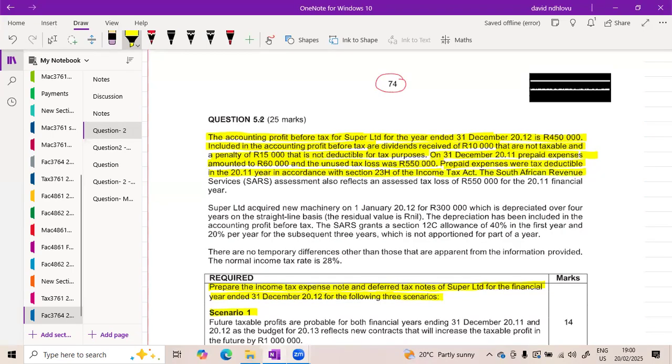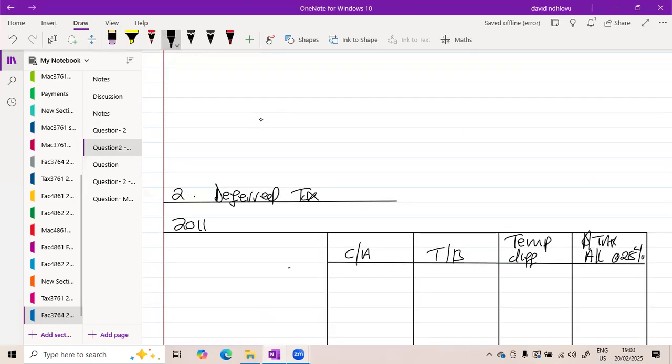The South African Revenue Service (SARS) assessment also reflected an assessed loss of 550,000 for the 2011 financial year. So this is the information for the year 2011 that we have, and we can see that we had one asset, which is prepaid expense. So therefore, we need to account for that prepaid expense here.